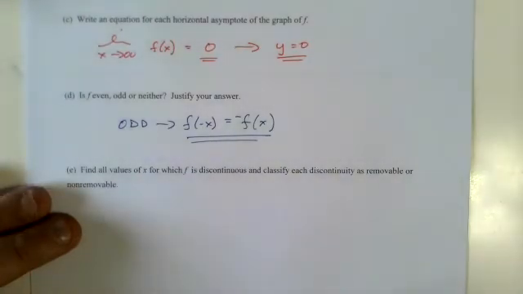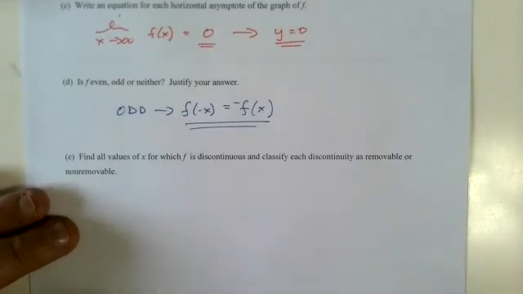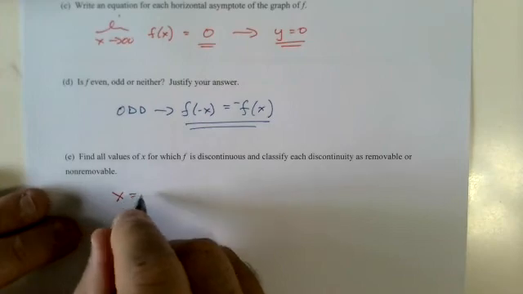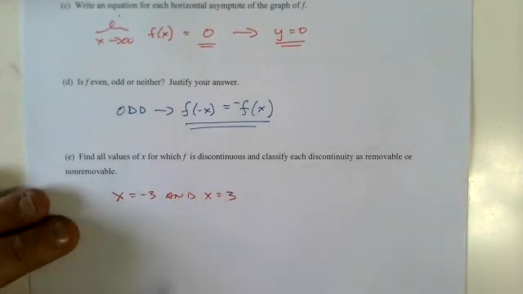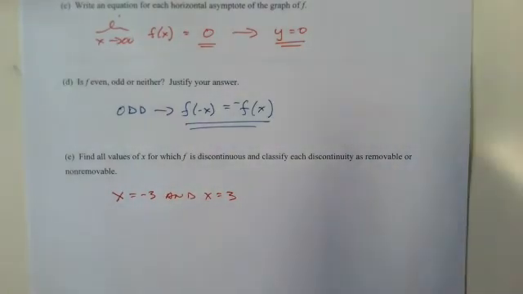Find all values of x at which f is discontinuous, and classify each discontinuity as removable or non-removable. So we're looking at x equals negative 3 and x equals 3. I'd have to graph this to get a good look at it. I believe these are just holes.